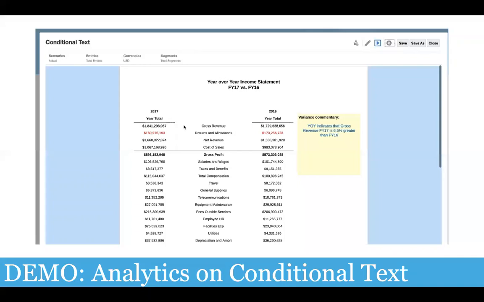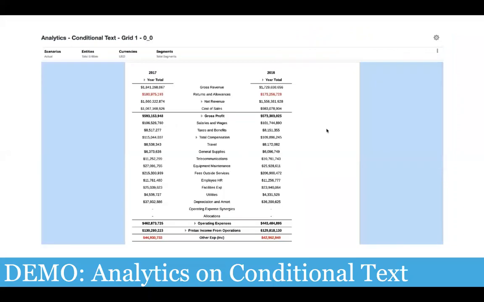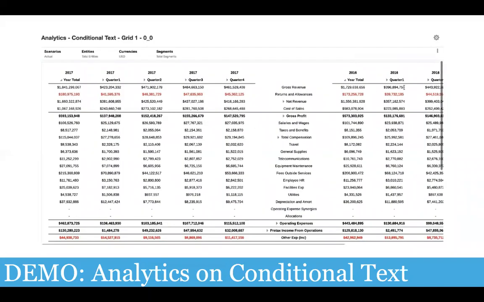I magically made the condition happen. And now I have that text that I asked to appear in that little notes box, and it became a hyperlink because I enabled analytics. And it took me to additional detail behind the original report. So I can figure out whatever the problem is or whatever the condition threshold was, I can see more detail behind the scenes.